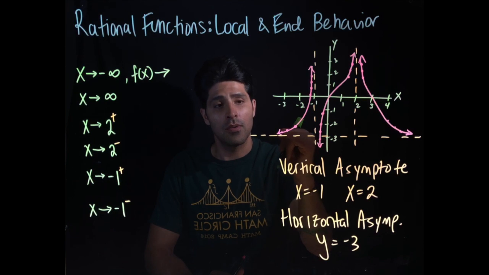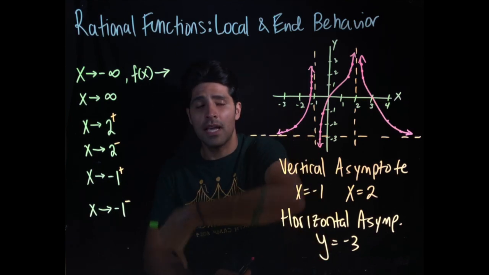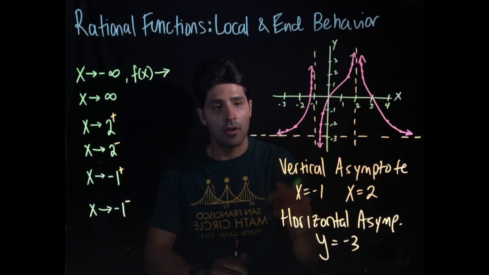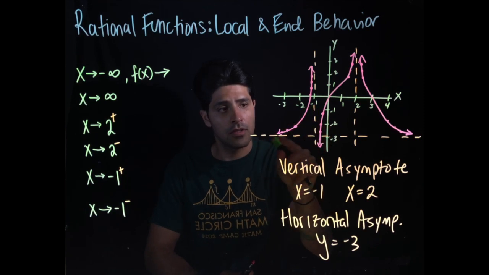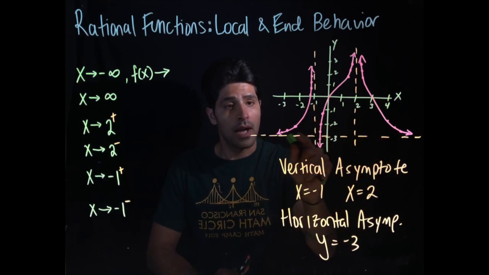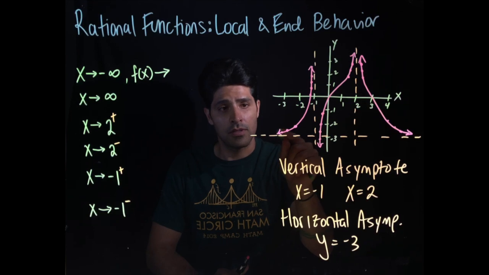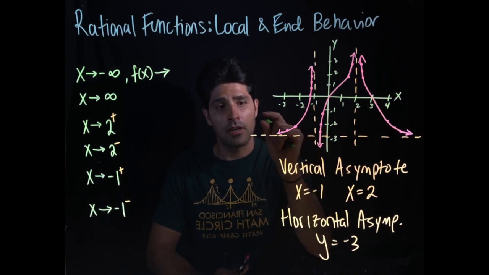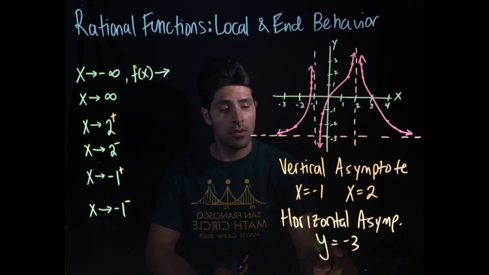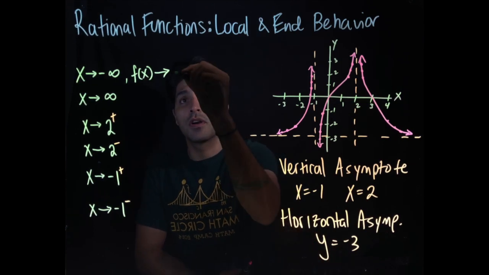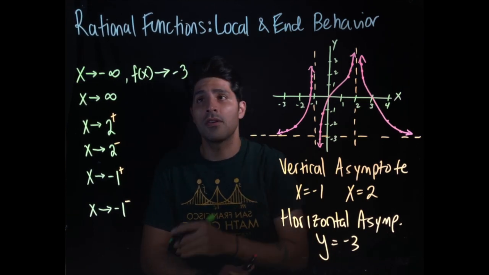So in this case, you won't say that the y values are going down to -infinity, because that's not true. The graph just keeps getting closer to this horizontal asymptote. So the y values of the graph are getting closer and closer to the y value -3. So we're going to say it's approaching the y value -3.